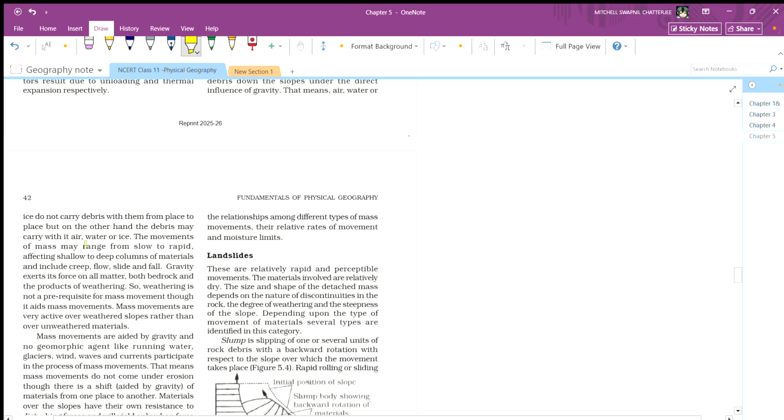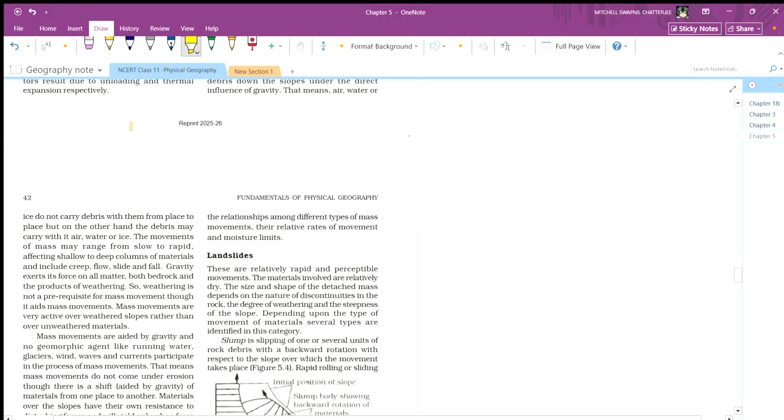Like if an ice block is moving across a large area, it is moving under the force of gravity, and the debris is carrying with it the block of ice, its minerals, and its water. That's a small example of what it is trying to say.